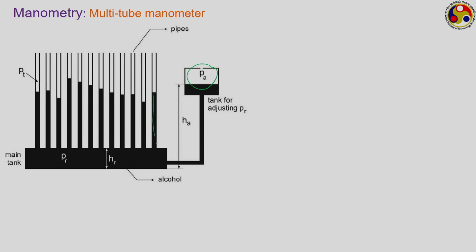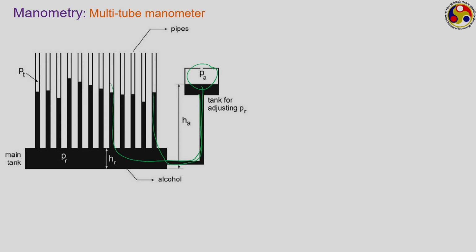We can visualize this one as a U tube manometer, and similarly this one as another U tube manometer. This way we have several U tube or maybe well type manometers coupled in the same device. This kind of configuration is called a multi-tube manometer. Quite frequently you will find its application in industries and even in laboratories.